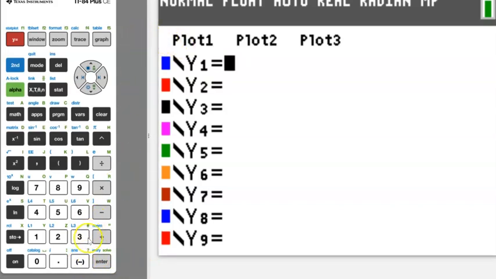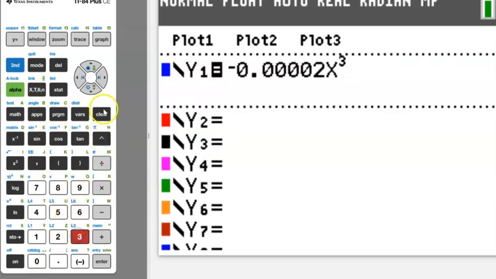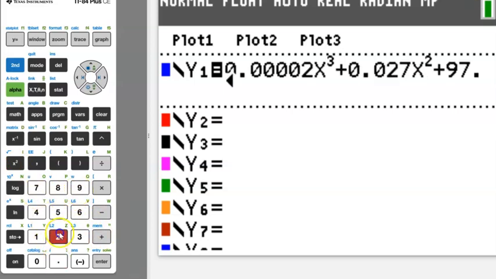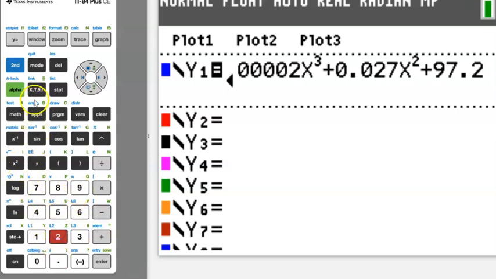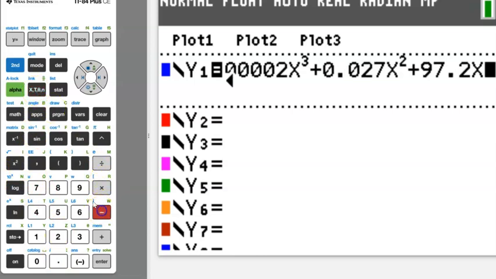So we make sure that we use the negative sign, 0.00002 x cubed. So we raise it to power 3. Then you scroll to the right, then plus 0.027 x squared, and then we add 97.2 x, and then we subtract 9,000.